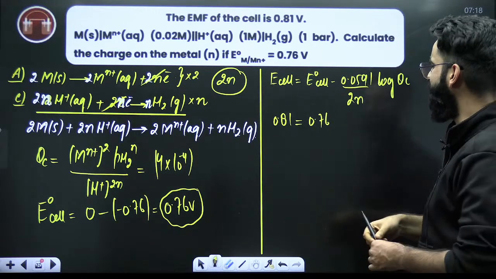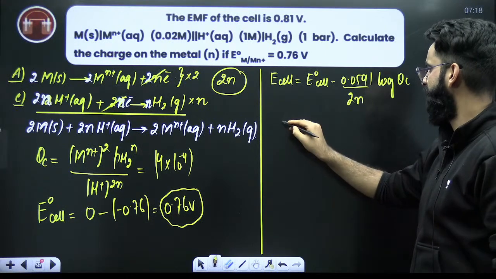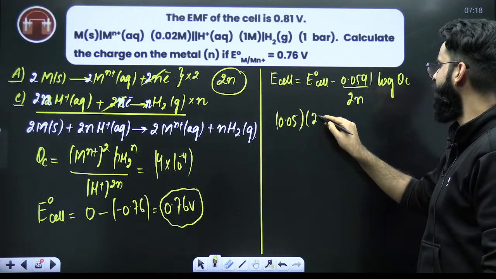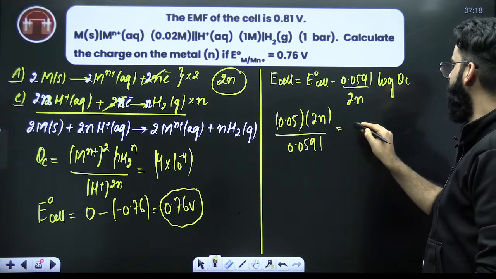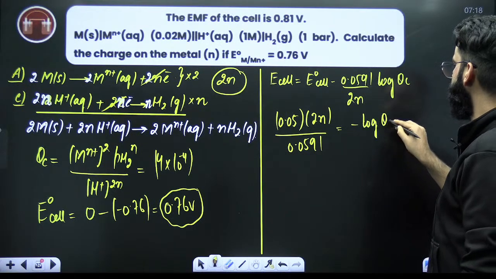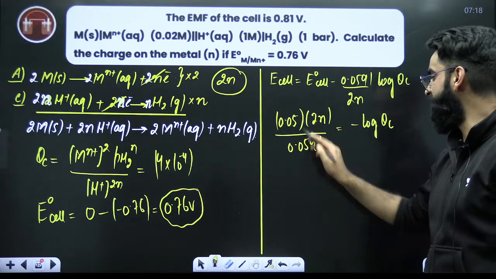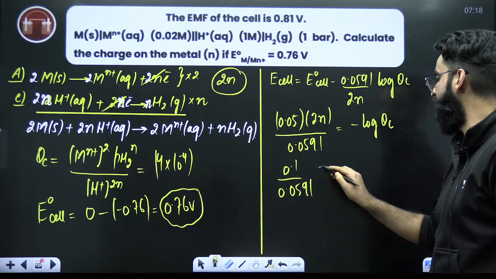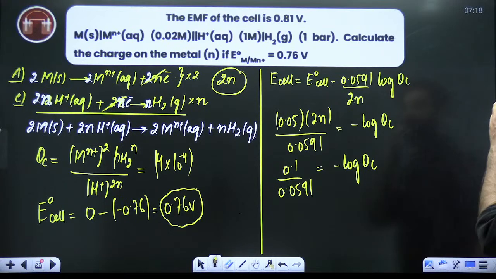So 0.81 minus 0.76 comes out to be 0.05. Now multiply that 0.05 with 2n and divide that with 0.0591, which will be equal to minus log of QC. I just simplified things, nothing else. So it is going to be 0.1 divided by 0.0591 is equal to minus log of QC.